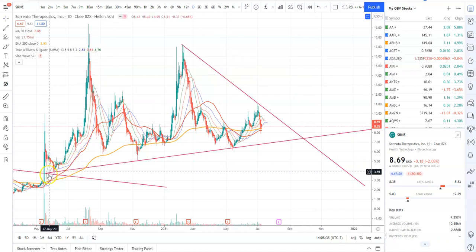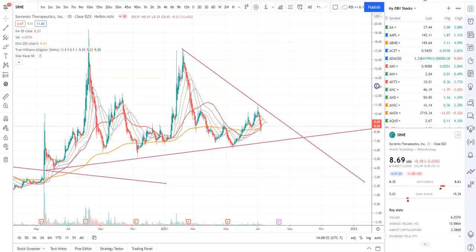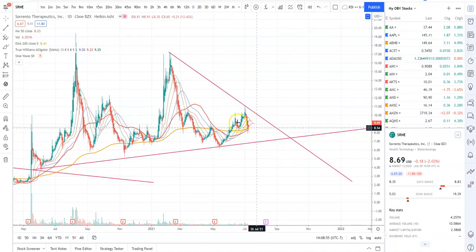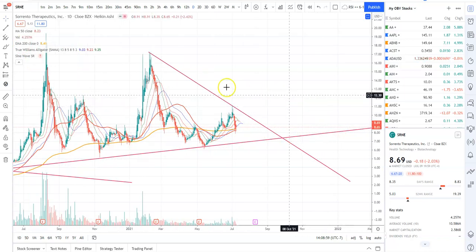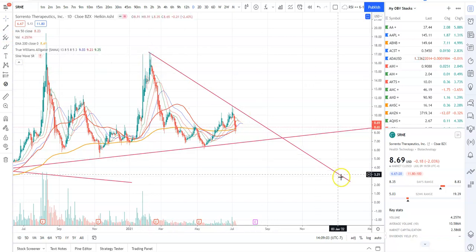So the first one I'm seeing is this support that's been in place since June 20th. It's got 3 touch points, one here in June 20, one here in November 20, and then one here most recently in May, middle of May. So that looks like pretty strong upsloping support on Sorrento, and then this other very key trend line, which is a daily downsloping trend line.